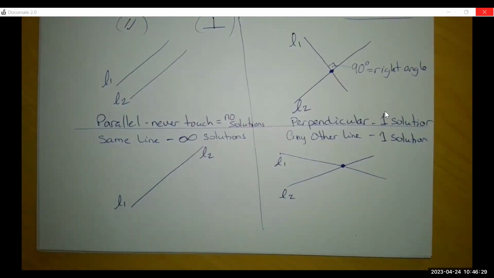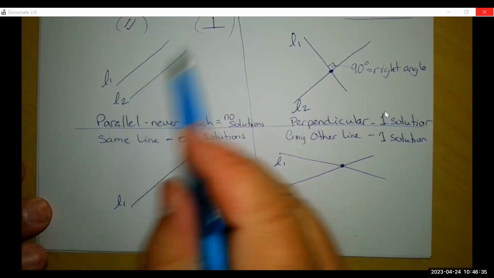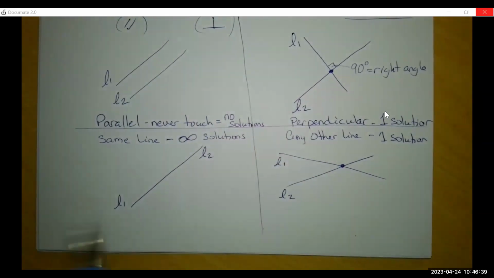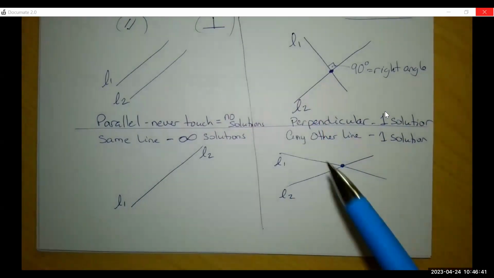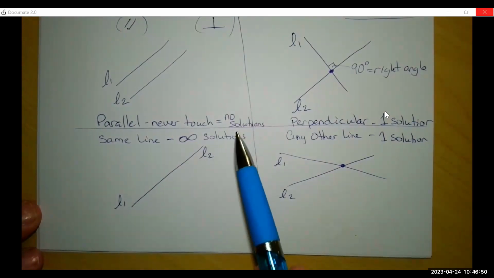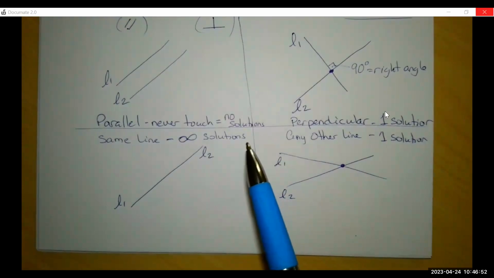Are these 4 pictures okay? Everybody understand these 4 pictures? Yeah, parallel lines that never touch, so you have no solutions. Perpendicular lines are 90-degree angles, the right angles to each other, so they only have one solution. Same lines always touch, so they have infinite solutions.